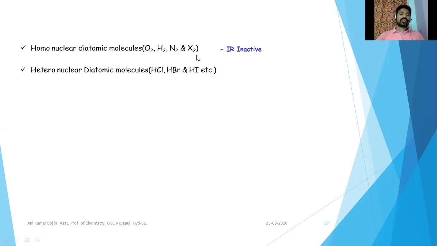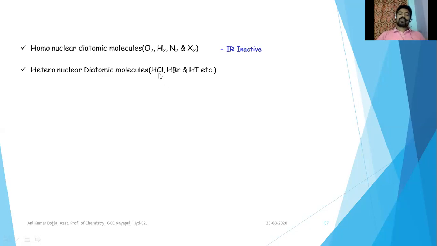So heteronuclear diatomic molecules like hydrochloric acid, hydrobromic acid, hydroiodic acid, even nitric oxide, NO, and carbon monoxide are also IR active. They will exhibit the bands. In hydrochloric acid, chlorine is a more electronegative atom, with electronegativity 3.5. The hydrogen atom's electronegativity is 2.1, a less electronegative atom.